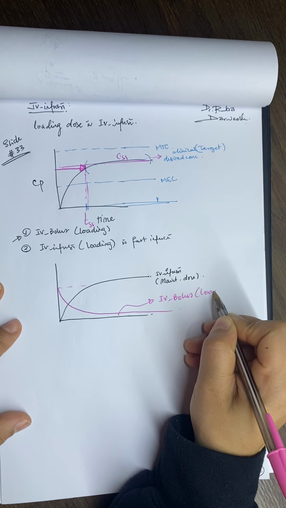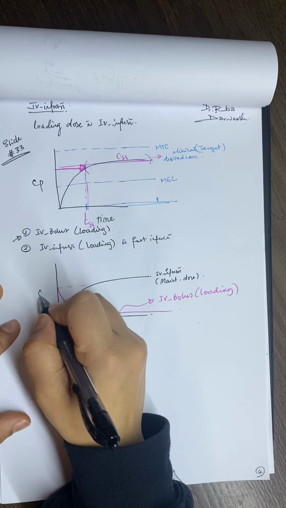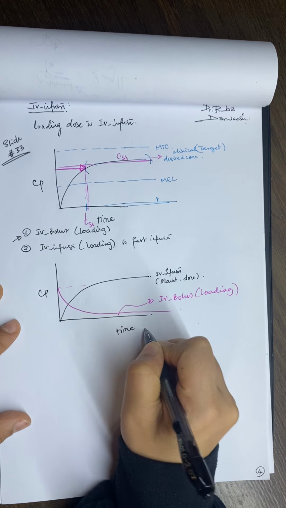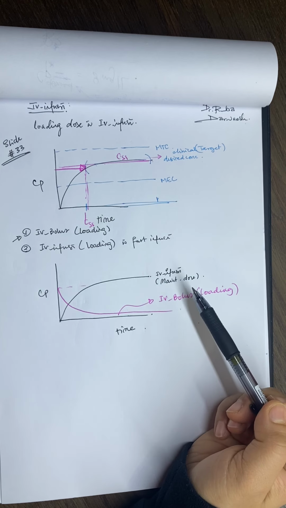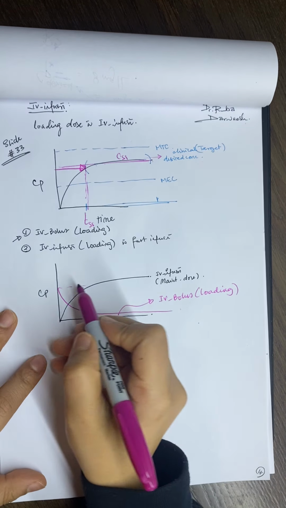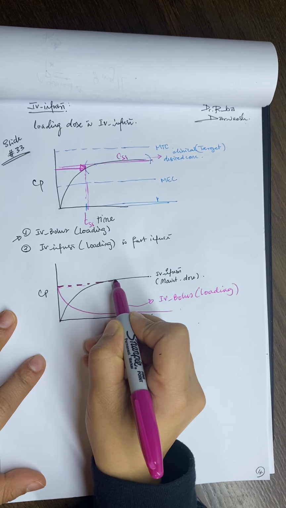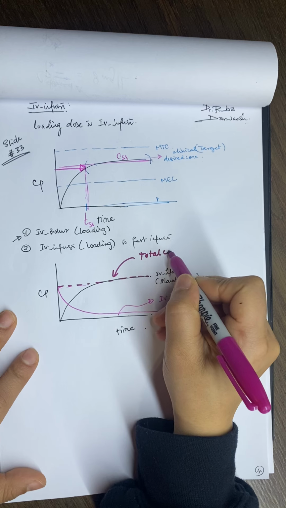This is concentration versus time. This is the profile of the infusion, and this is the profile of the bolus. The total concentration that we will have, the target that we need to have, will be this. This is your total concentration.